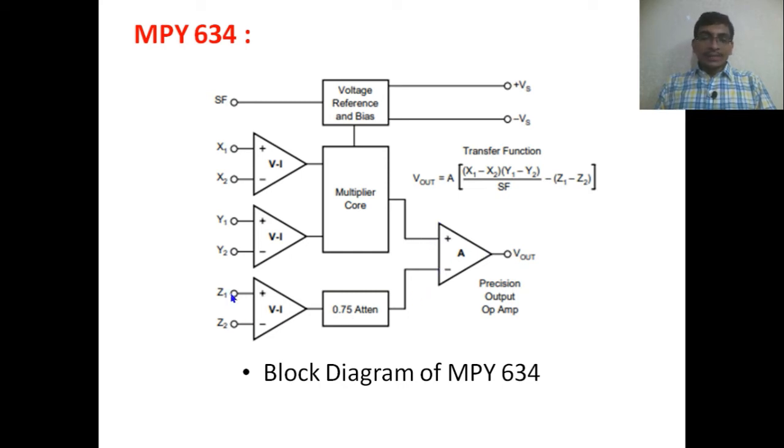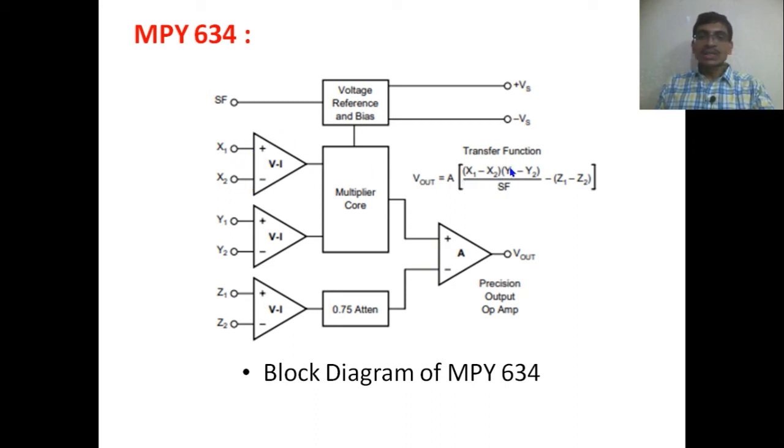Here Z1 is another input, which is used to give the different scaling factors. Internally it has a 0.75 attenuation factor, and it is given to the inverting terminal of our op amp A, so that we will get the output from this op amp, and the output voltage is equal to A into (X1 minus X2) into (Y1 minus Y2), because it is working like a differential amplifier.